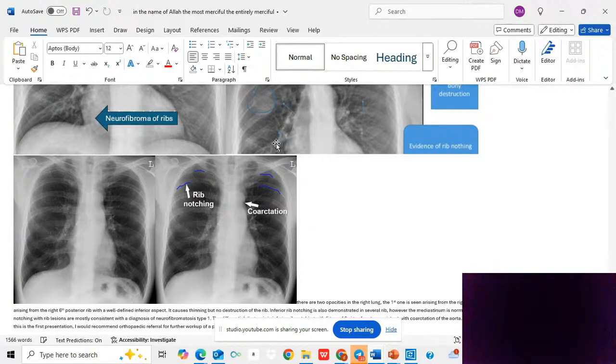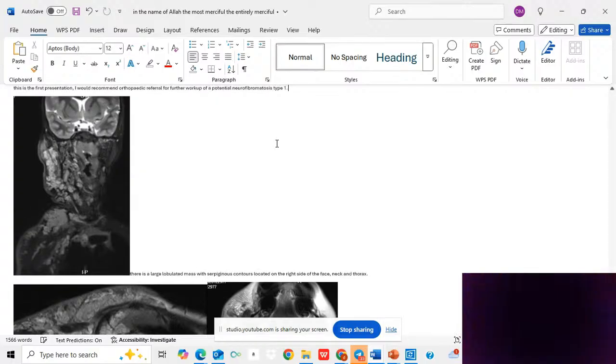Okay, so this is the next case. This is a coronal T2 weighted image of the face and the neck and the chest of a child with a neck mass.